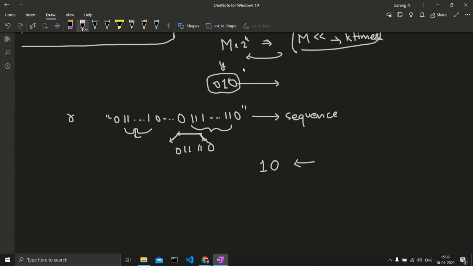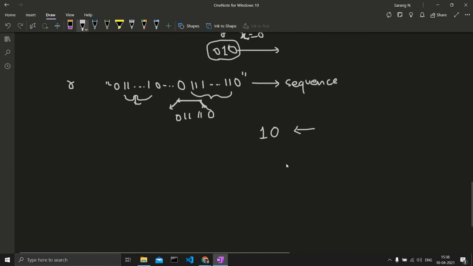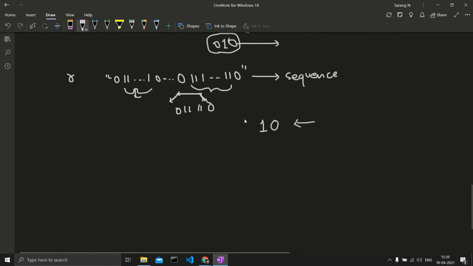In this case the x would be 0, right? So if there is a 0 followed by a 1 from the least significant bit side, we know that it's a start. While there is a 1 1, we know that we're in the middle of the chunk.